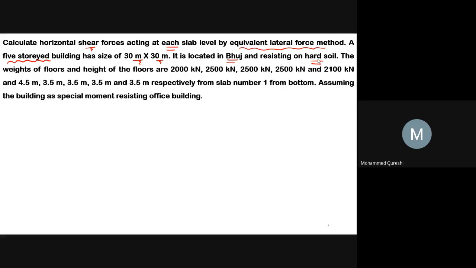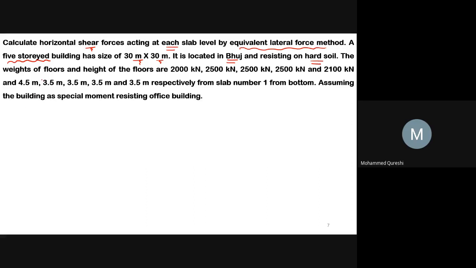So in the parameter Sa by g, this hard soil will be beneficial for us, as the Sa by g factor depends on the type of soil and the fundamental natural period Ta.